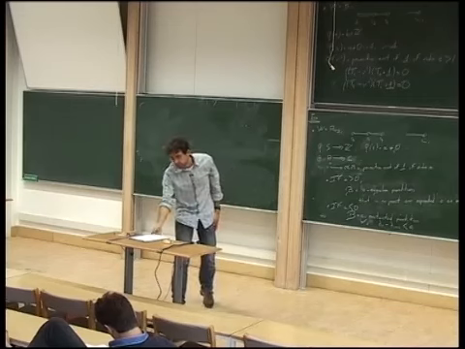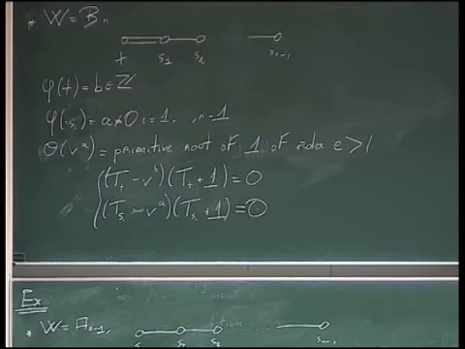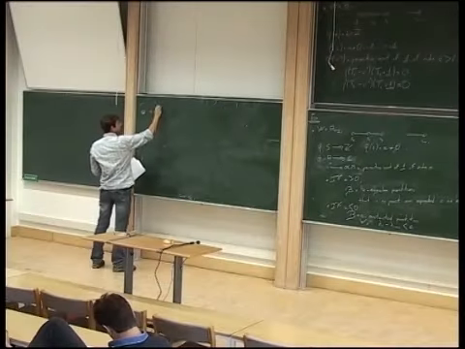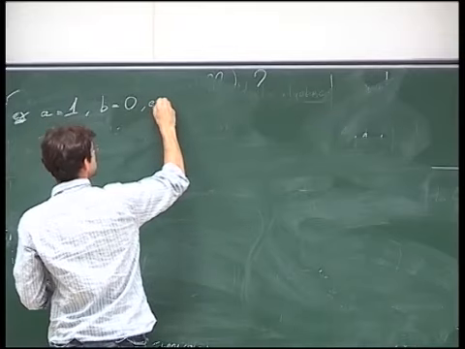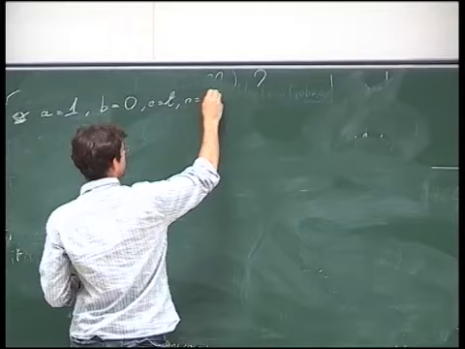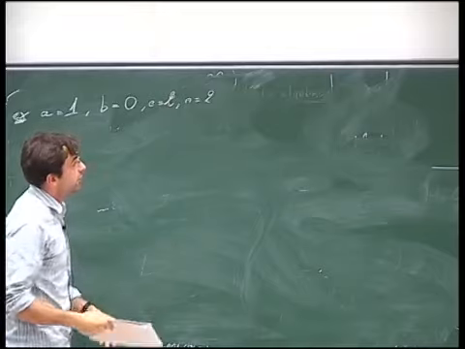So here is the example. Put A to be 1, B is 0, E is 2, and N is 2, so Hecke algebra of type B2, when V is specialized to -1.